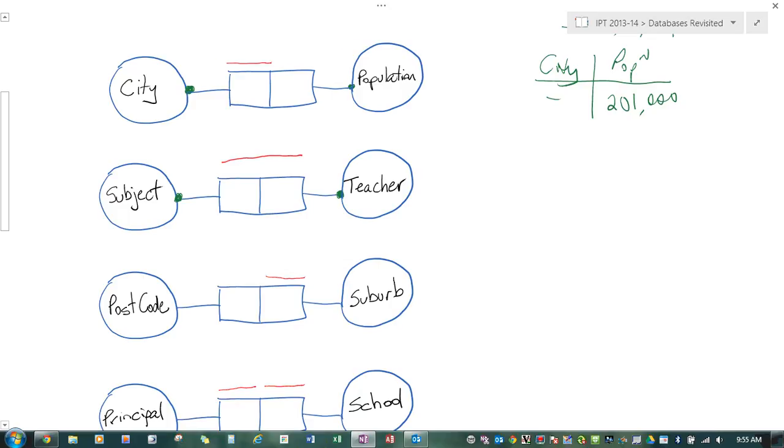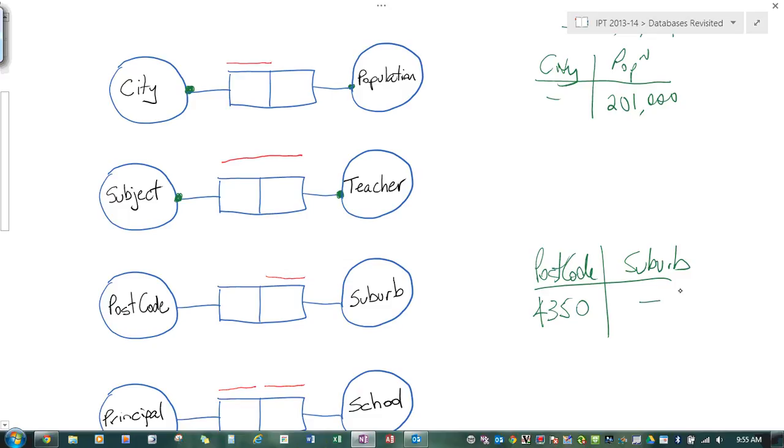Does a postcode, so if we record a postcode, do we need to record the suburb? Yep. So here's their postcode, here's their suburb. If you put down 4350, it would make sense that you put something here.